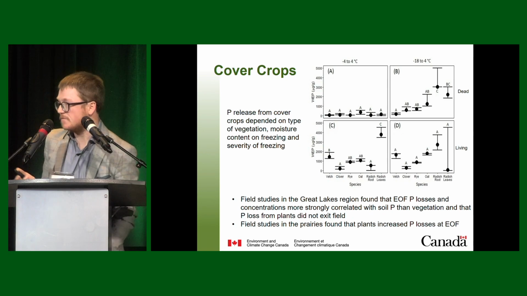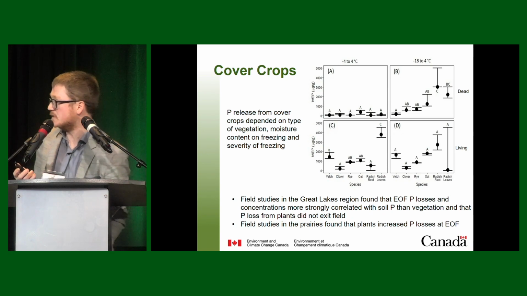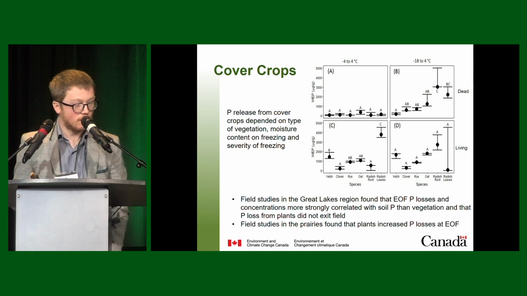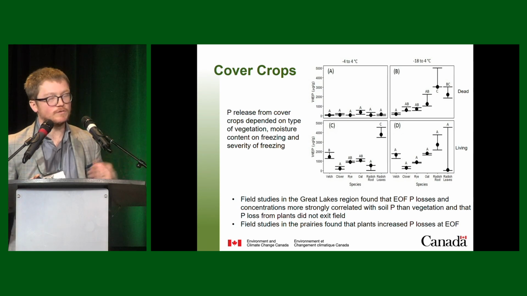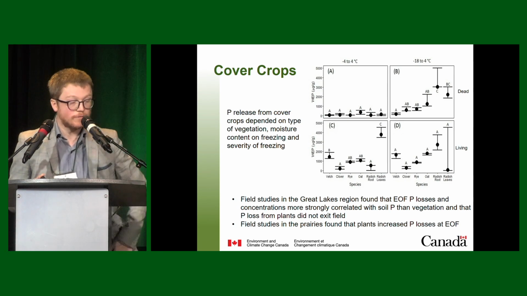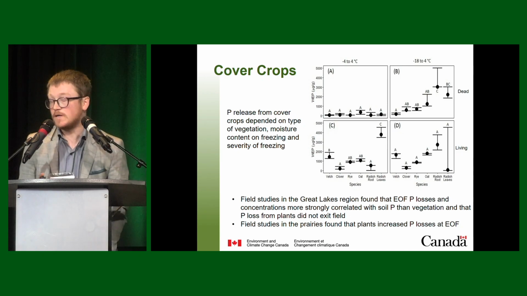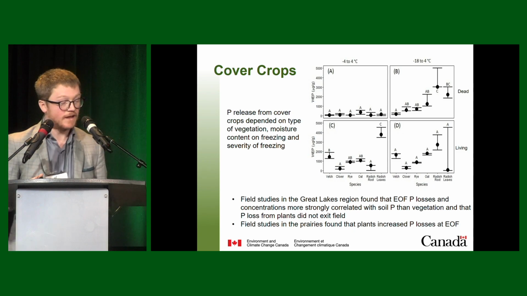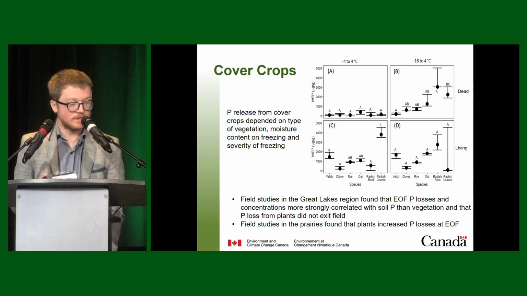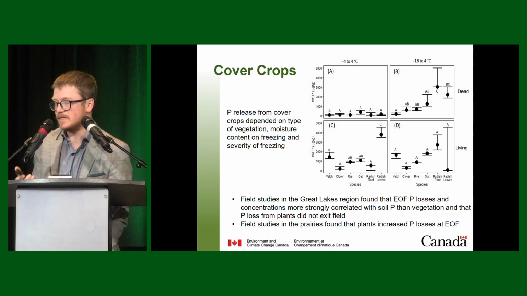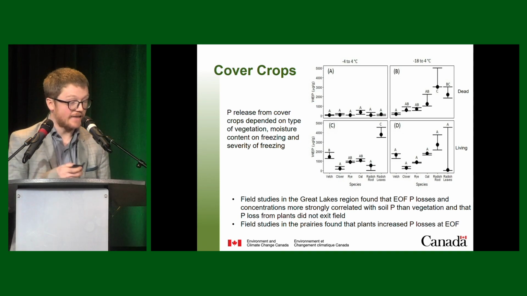And when we look at edge of field study results from the Great Lakes regions, the phosphorus losses and concentrations were more strongly related to the soil phosphorus than the vegetation. And the phosphorus loss in the vegetation really wasn't found to exit the field. Now, this is in contrast to field studies from the prairies that result in increased phosphorus loss at the edge of the field.